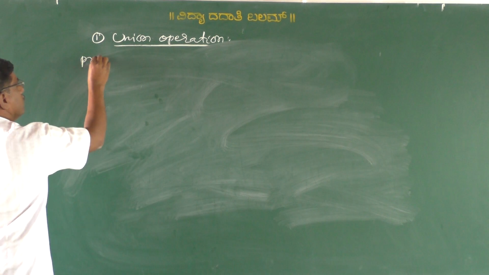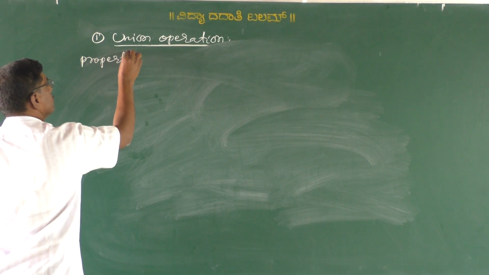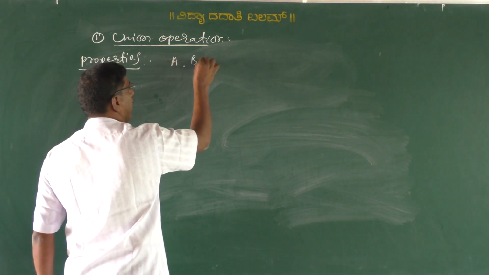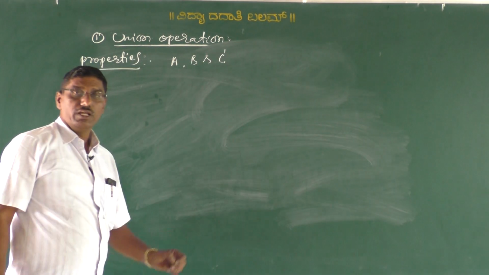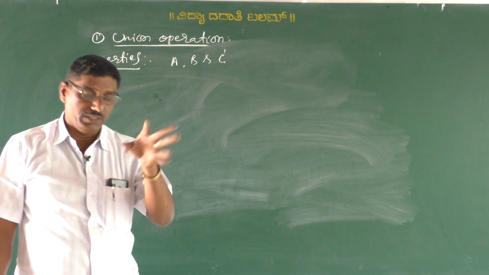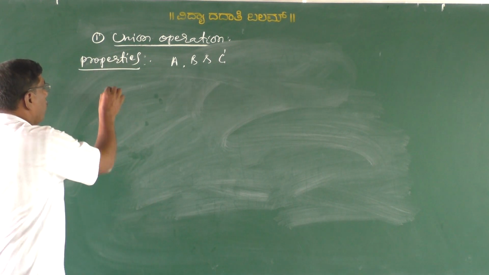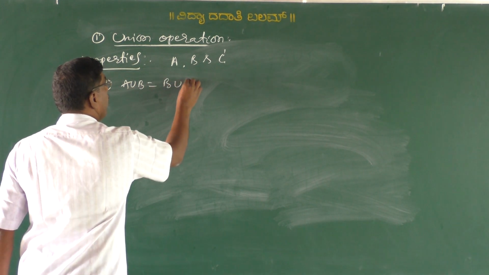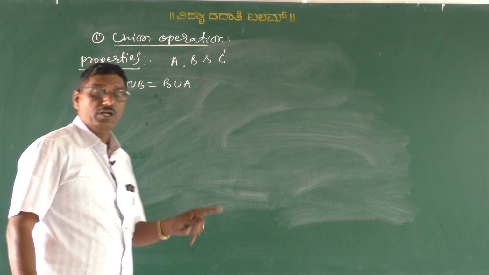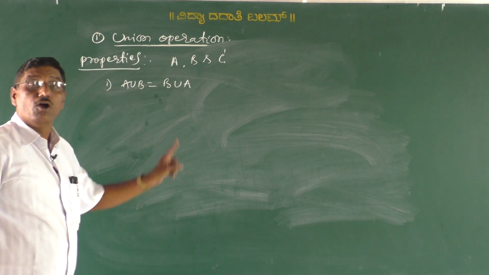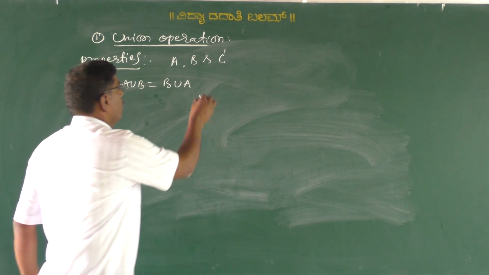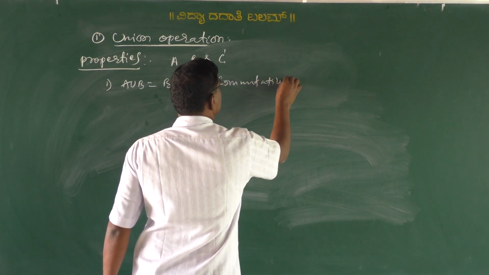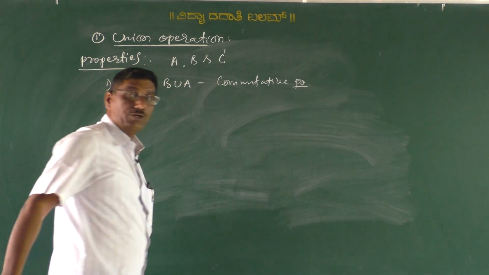For any sets A, B and C, we have the first property: A union B is equal to B union A. This property we call the commutative property.